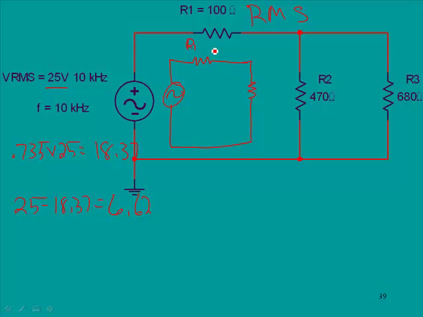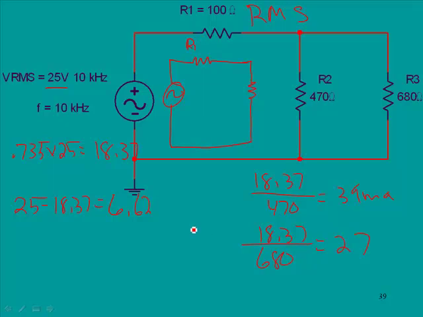If we calculated our currents, we have 18.37 across this leg divided by 470, and that should yield about 39 milliamps, and 18.37 across the 680 component would yield 27, and again these two together should equal this value.